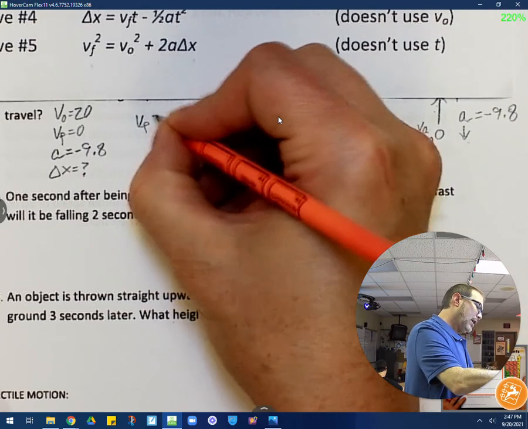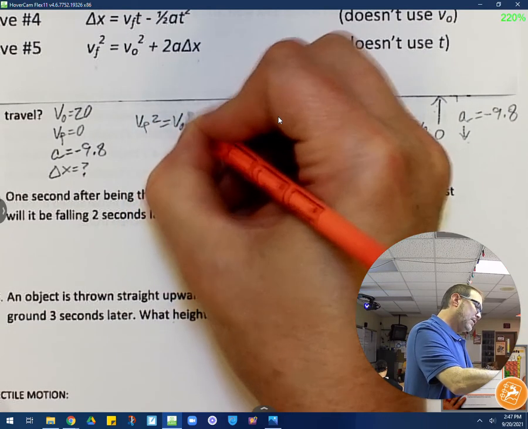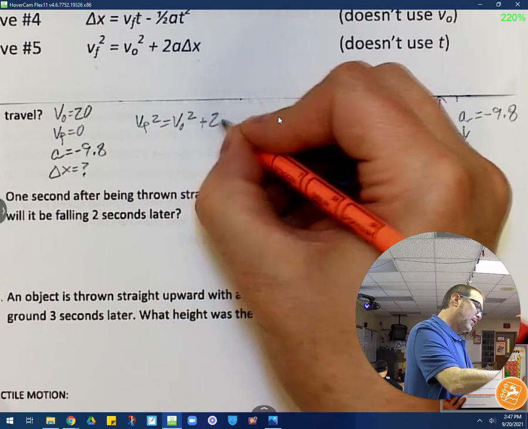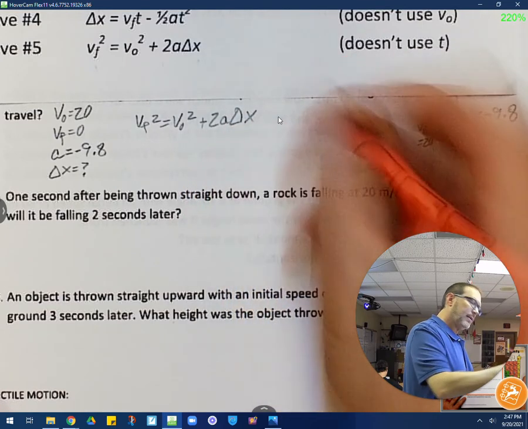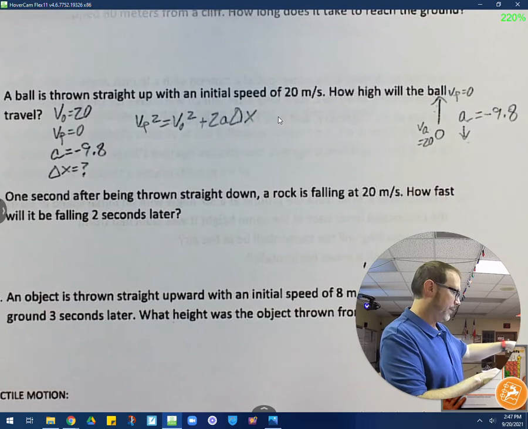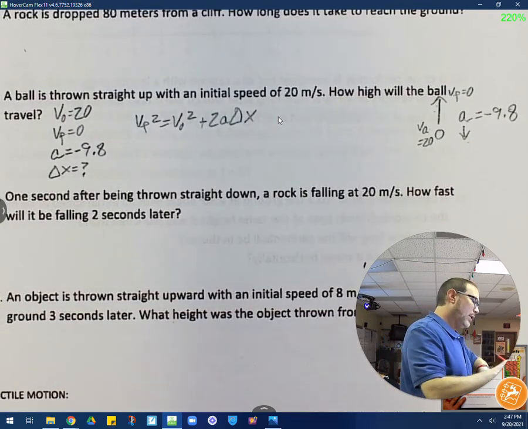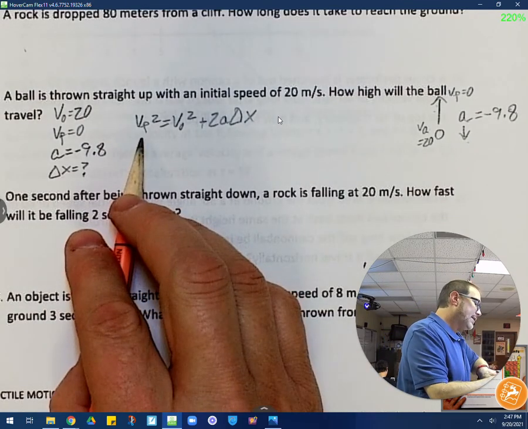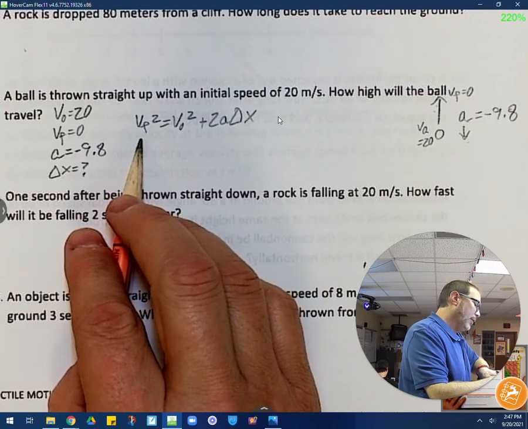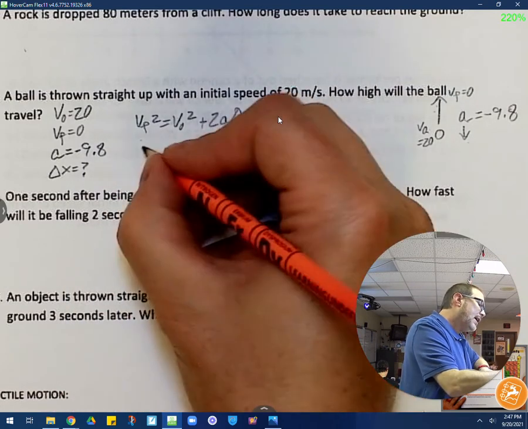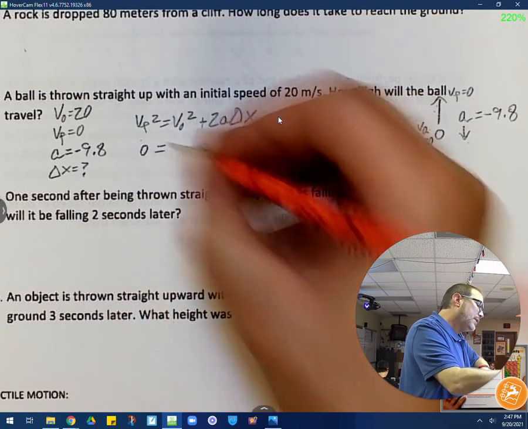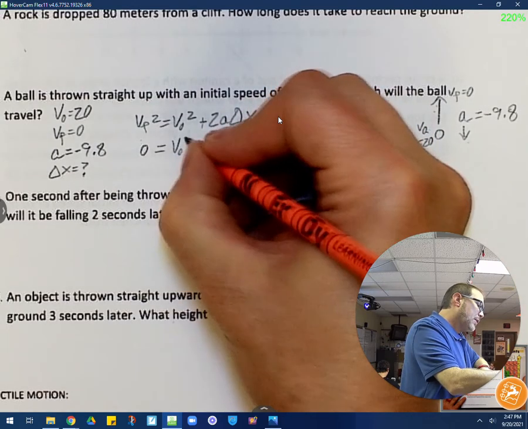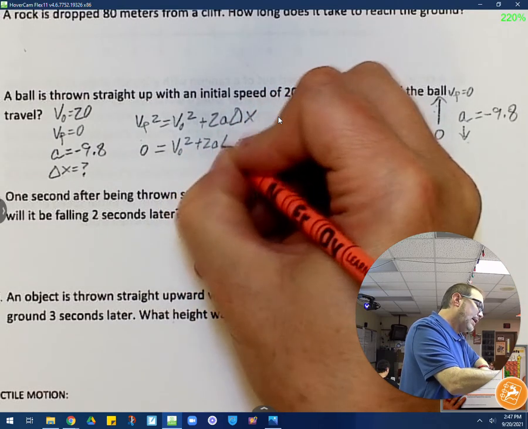So let me copy my formula down. Vf squared equals V0 squared plus 2a delta x. Okay? So Vf squared is going to equal what? 0. Okay? So we can say that 0 equals V0 squared plus 2a delta x.